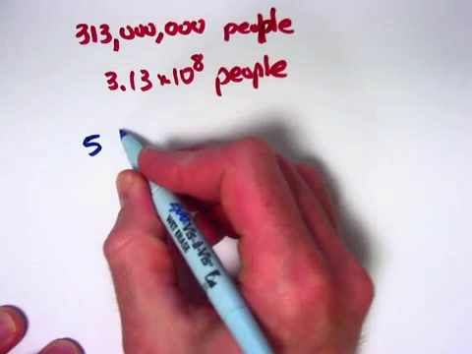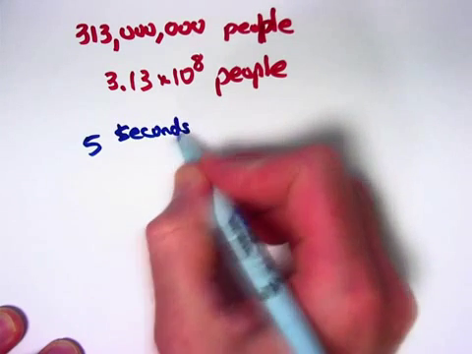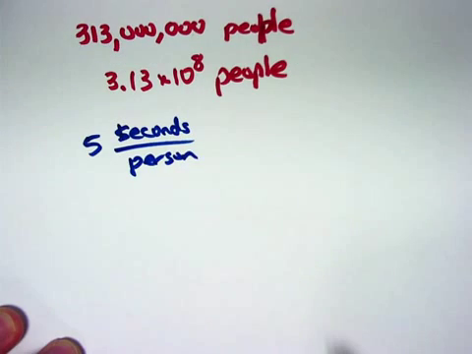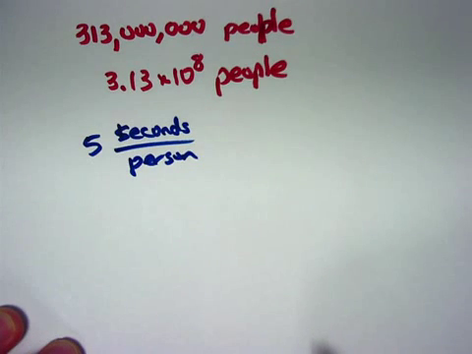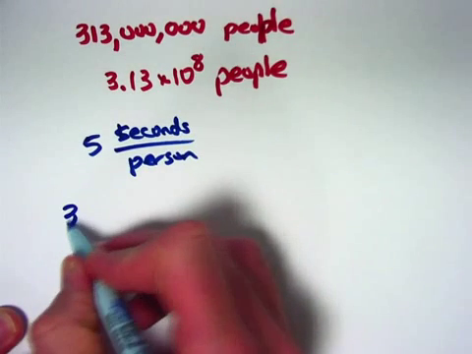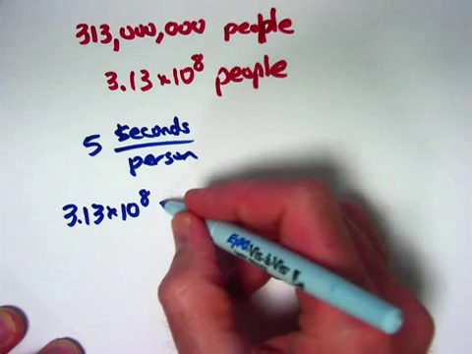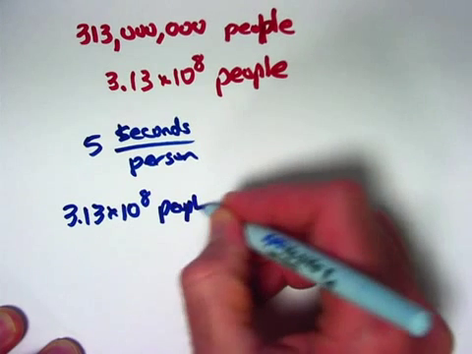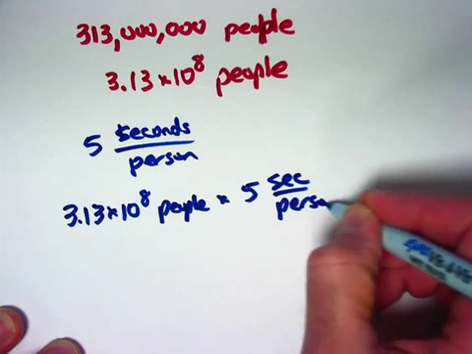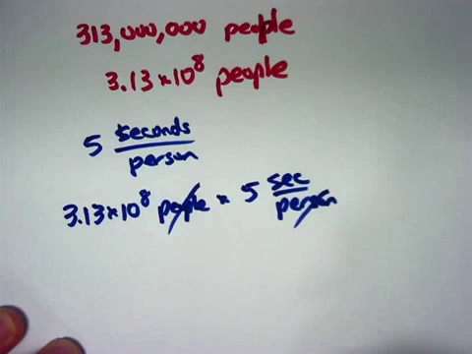If it's 5 seconds per handshake, 5 seconds per person, what you would need to do to figure out how long it would take you to shake everybody's hands is multiply these two numbers, 3.13 times 10 to the 8th, or 313 million people, times 5 seconds per person. The people and person cancel. It doesn't matter that one's plural and one's not.